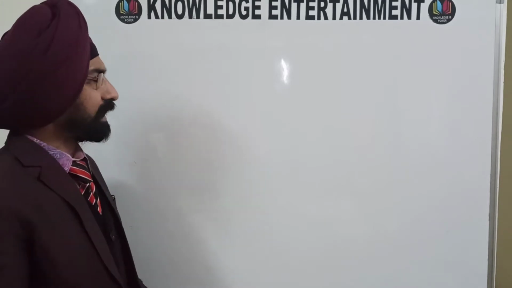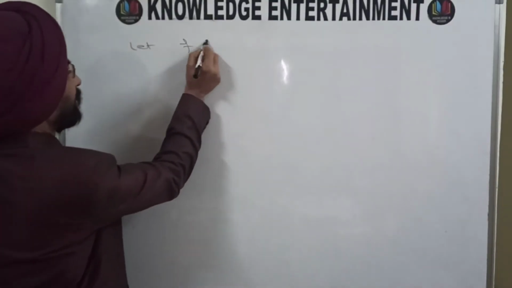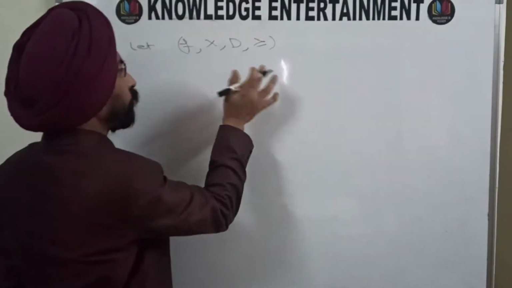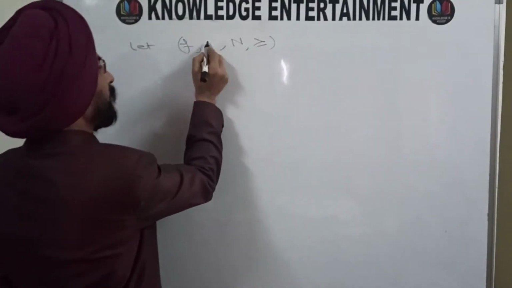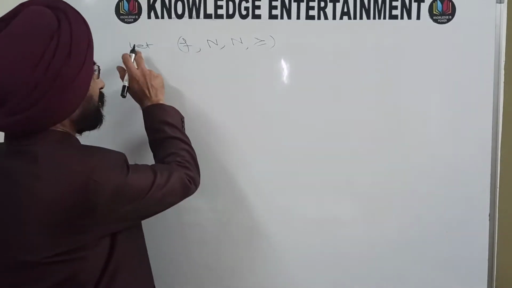So let us first start with this particular net. Let (f_n), n greater than or equal to 1, you can take this D as N, this X also as N, then define the net.